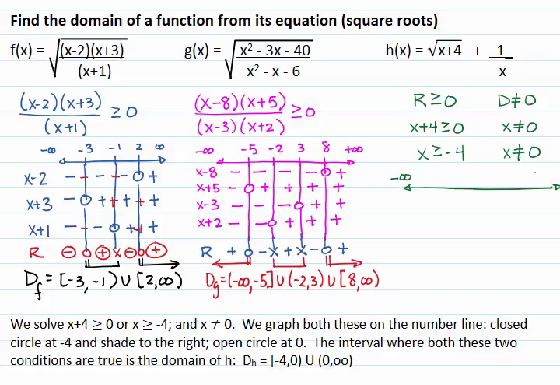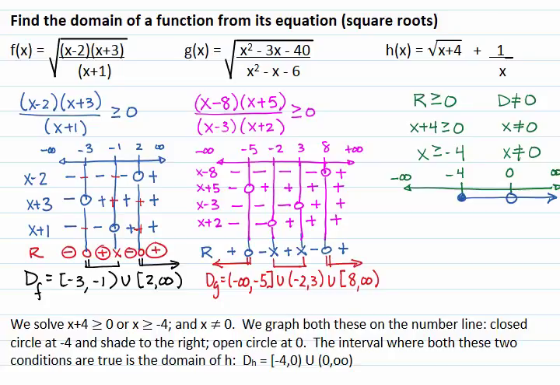This is the number line from -infinity to infinity. Here is x equal to -4. Greater than or equal to -4 is a closed circle and a shaded line to the right. X not equal to 0 is an open circle at 0.